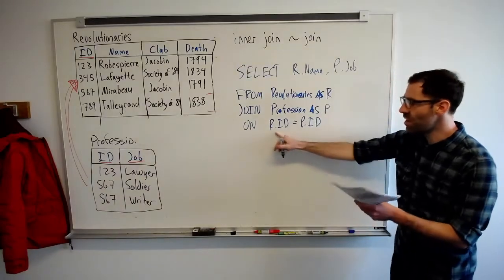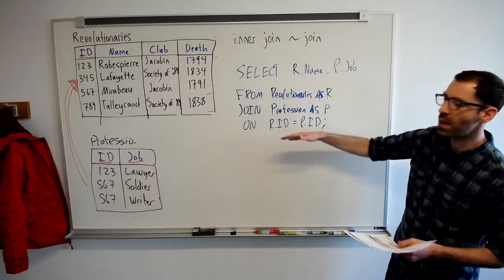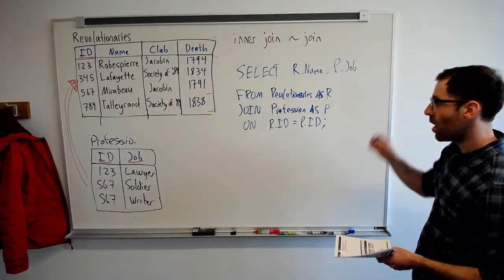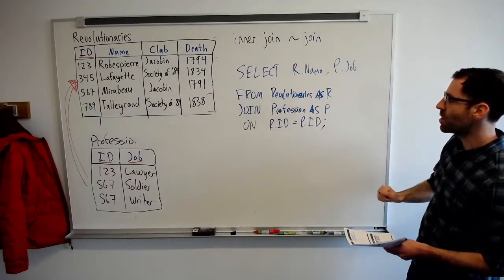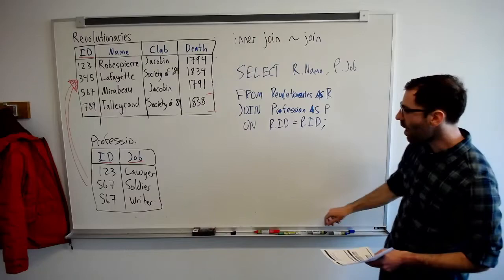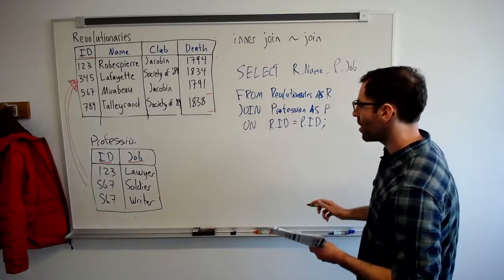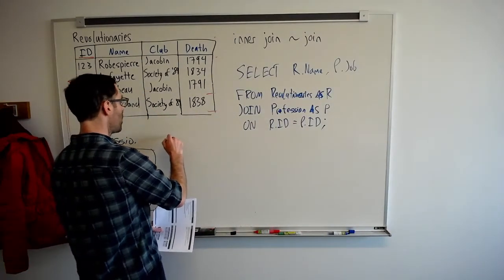So this is the expression that I'm using to decide when two tuples match, to filter the output of this join.